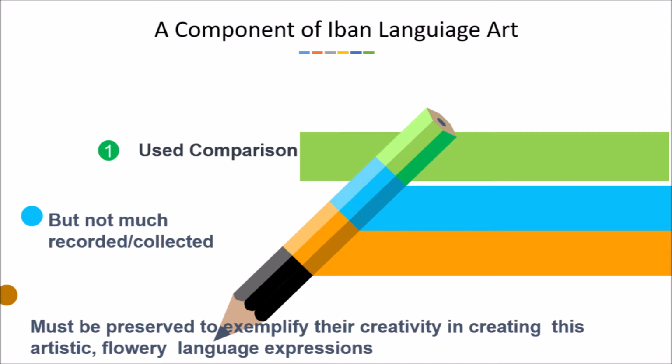Important thing about allusion: it is using comparison. But then not much is recorded. As far as allusion in the Iban language is concerned, there is not much that has been collected. This is what the Iban community has to do. They have to collect all these allusions and compile them into books of knowledge for the younger generation to study.